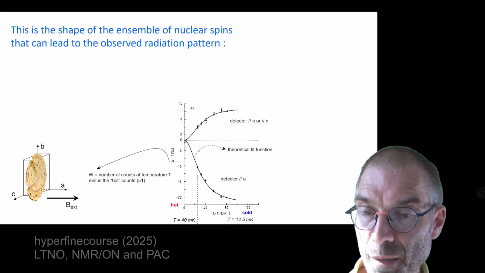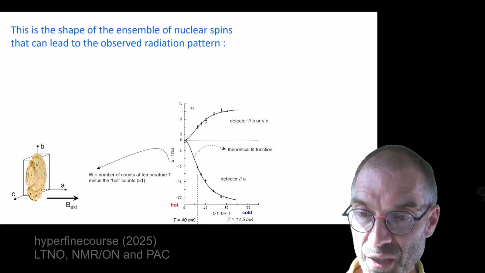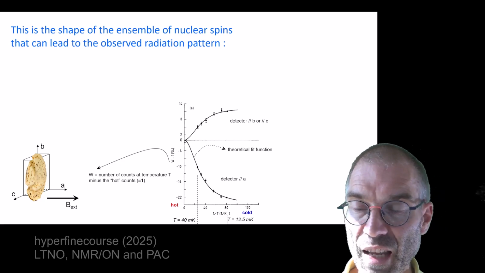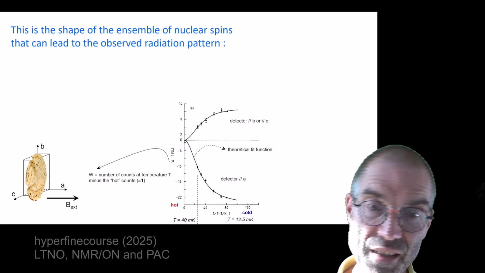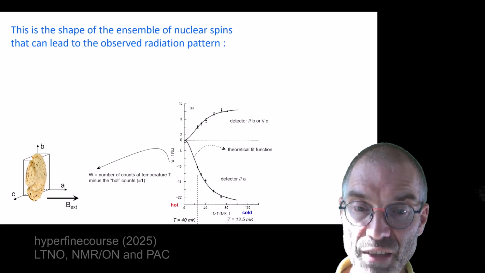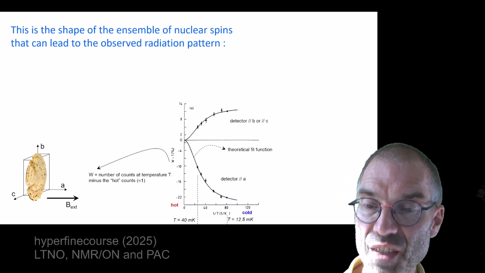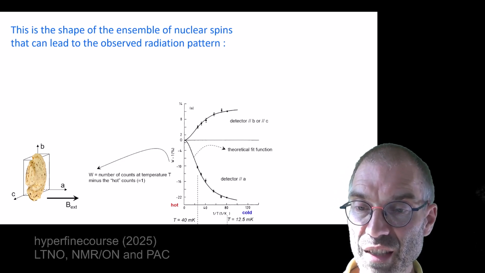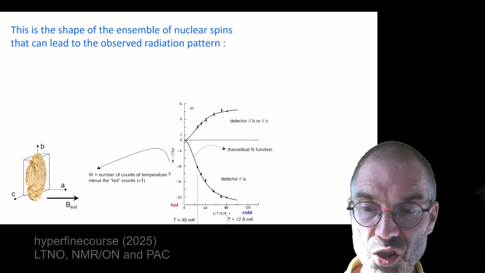It would be the pancake. The nuclear spins are in that BC plane, therefore turning their least probable side towards the A direction. That is why you have less intensity in the A direction and higher intensity in the B or C direction.